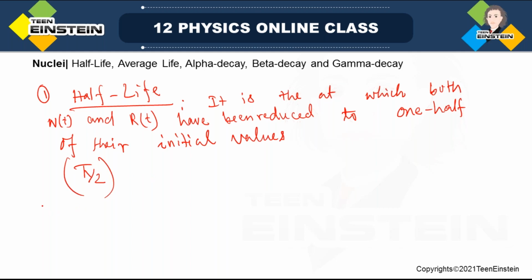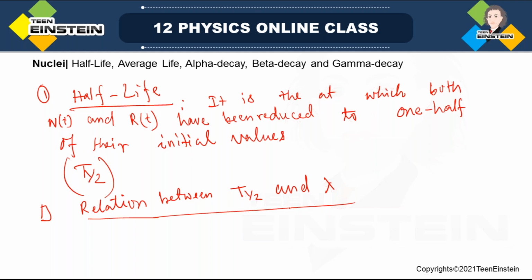We can find a relation between t half and lambda. Lambda means the disintegration constant. This is an important relationship you should remember to solve various problems in competitive exams as well as your board exam. We'll go with the definition. We know N of t is equal to N0 e to the power minus lambda t.